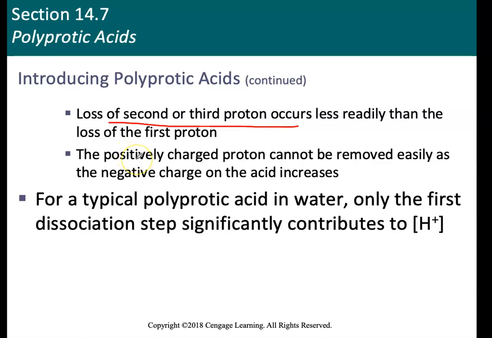And that will simplify our problem as we solve this. So for a typical polyprotic acid in water, only the first dissociation is the significant one.